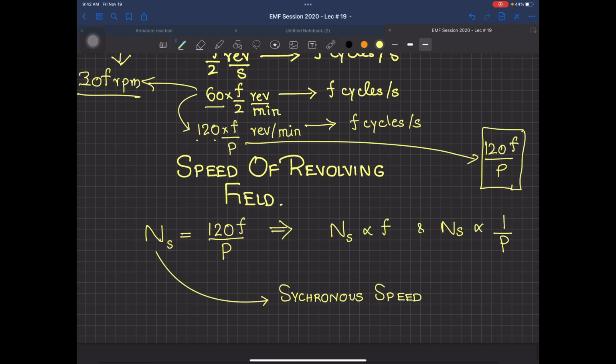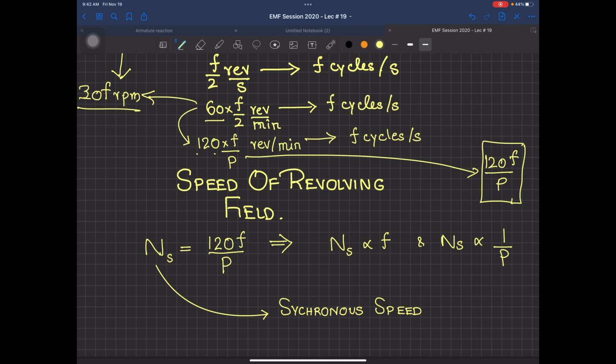And this speed is called the synchronous speed. Why synchronous speed? Because I told you in the very first part that a synchronous machine has a constant speed. It will not change because there will be a locking. So if the field is moving at the speed of 120 F by P, you will get the same speed on the rotor. How? We will talk about that later when the time comes.